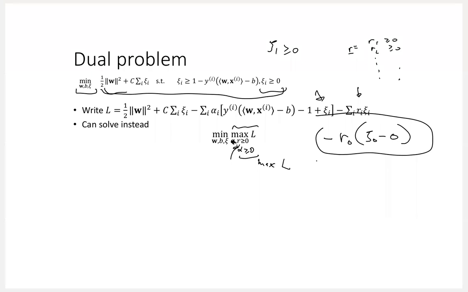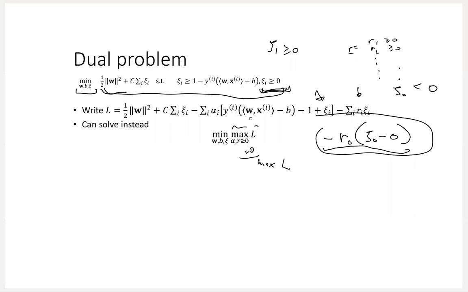So what I'm saying is, let's say I just look at one penalty here as an example. If I force R bigger than or equal to 0 and try to maximize L with respect to that, now if this constraint is violated, let's say I have C0 less than 0 here, so this is violated.